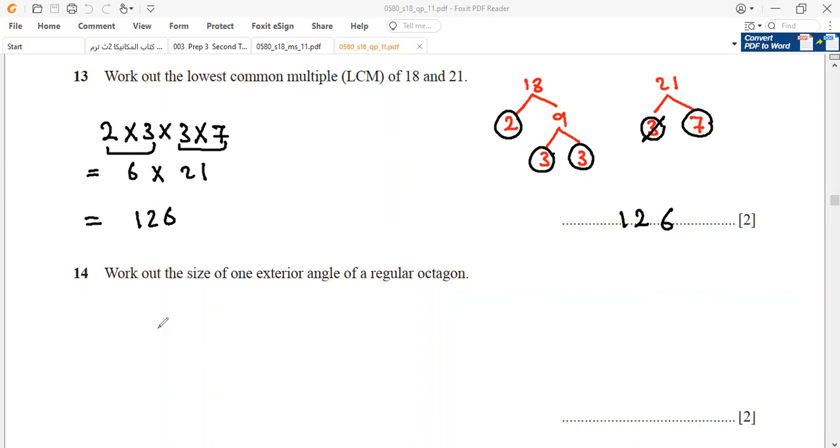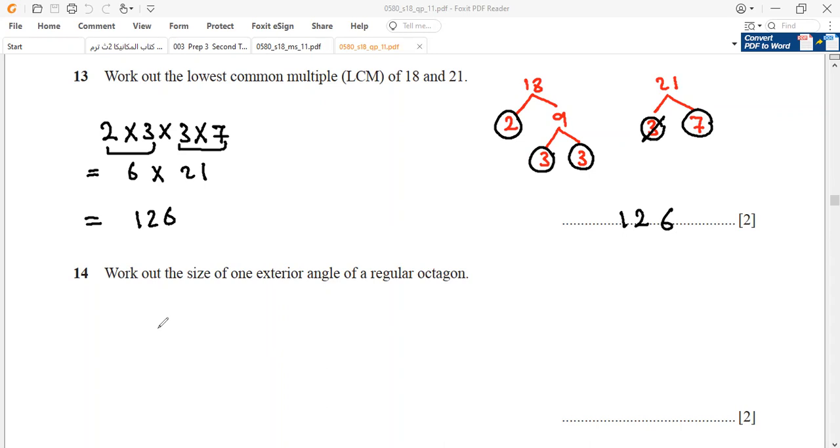Number 14, work out the size of one exterior angle of a regular octagon. Regular octagon, the octagon is a polygon with 8 sides. And you should know that the total, or the sum of all exterior angles of any polygon, is always 360 degrees.